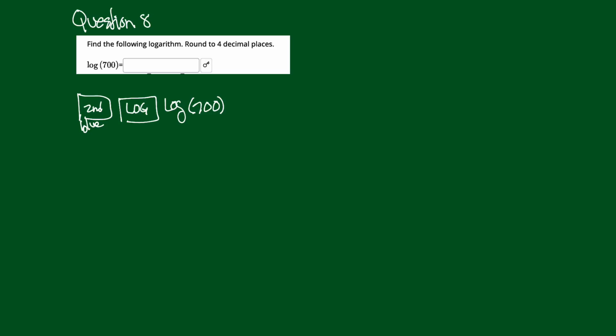We're going to round to 4 decimal places. So here's what I got: 2.84509804. That's what's on my calculator screen. So I got 1, 2, 3, 4. Now I'm going to round that one up, right? So I get 2.8451.